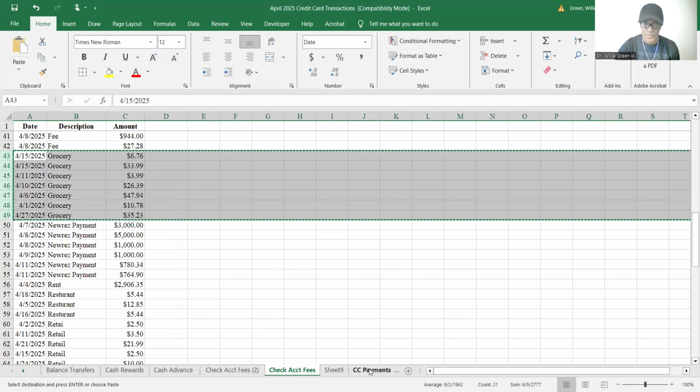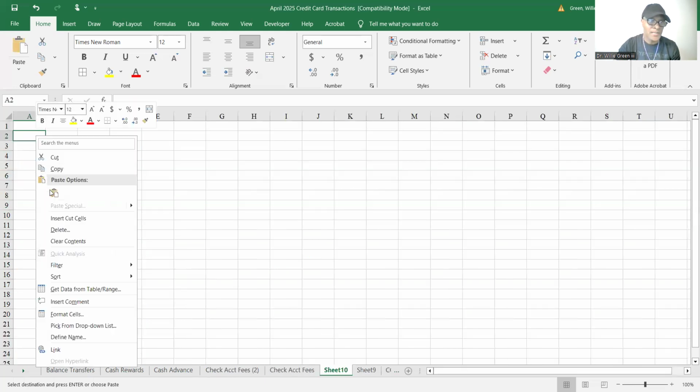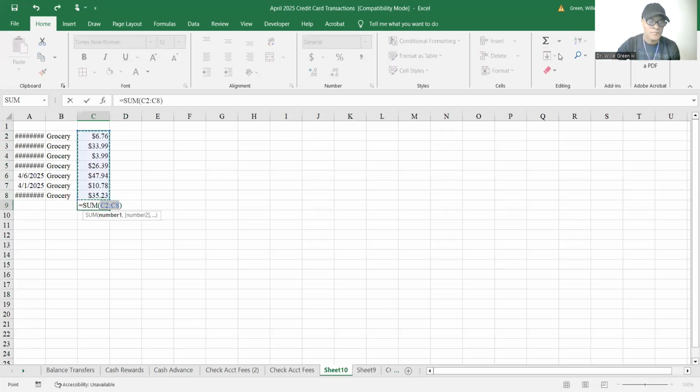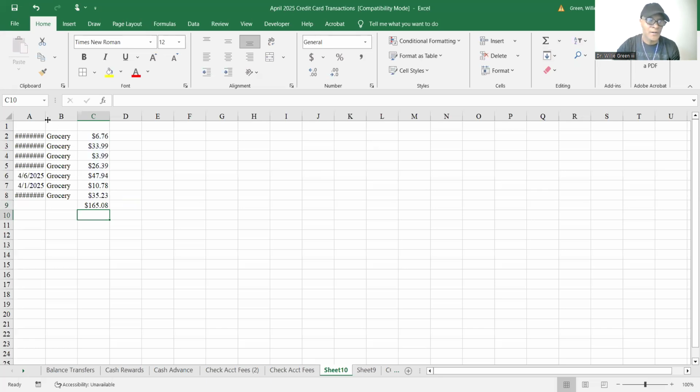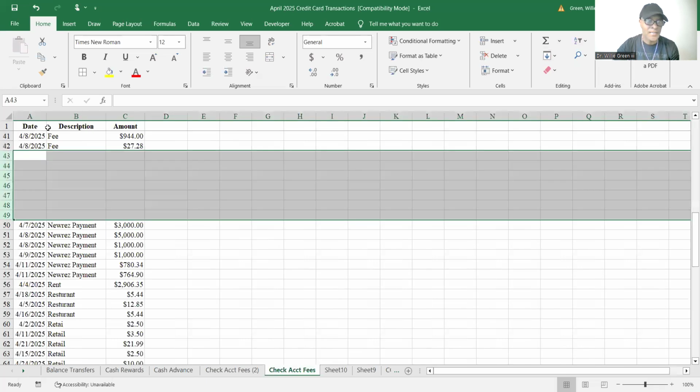Got groceries over here. See what that looks like. Okay, I said earlier, previous March was 393. This month brought it down significantly. That's good.